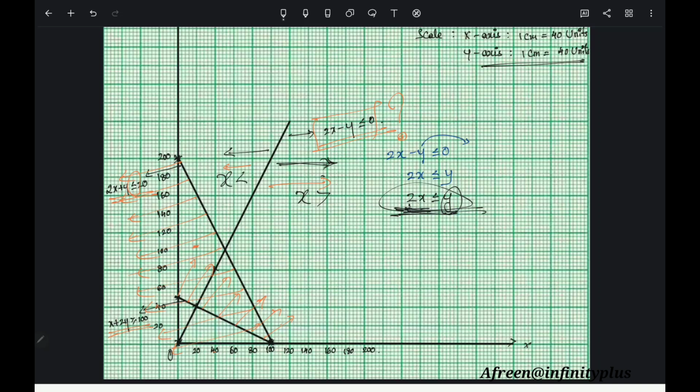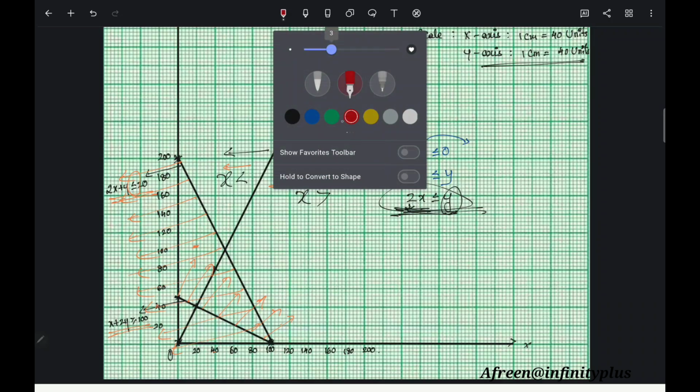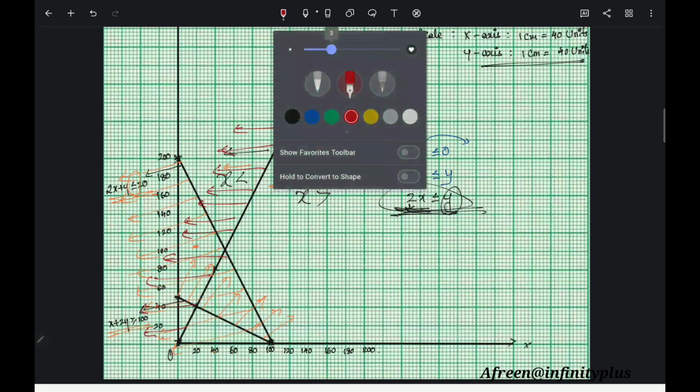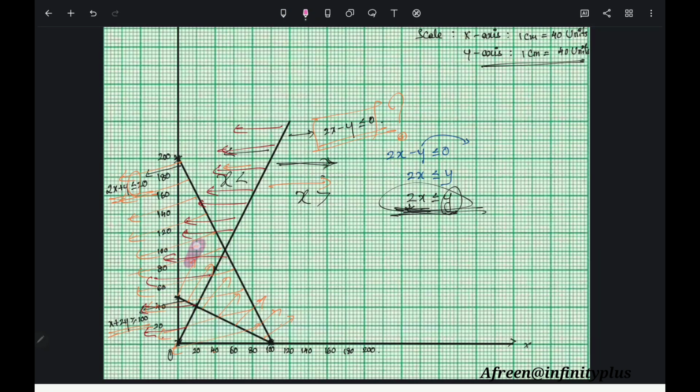They have given that the x value is lesser. So the solution will be on this side of the line. Where all these 3 regions are meeting, that becomes the solution of the graph. So this is the region where all the 3 are meeting with each other. So this is the feasible region which we have got.